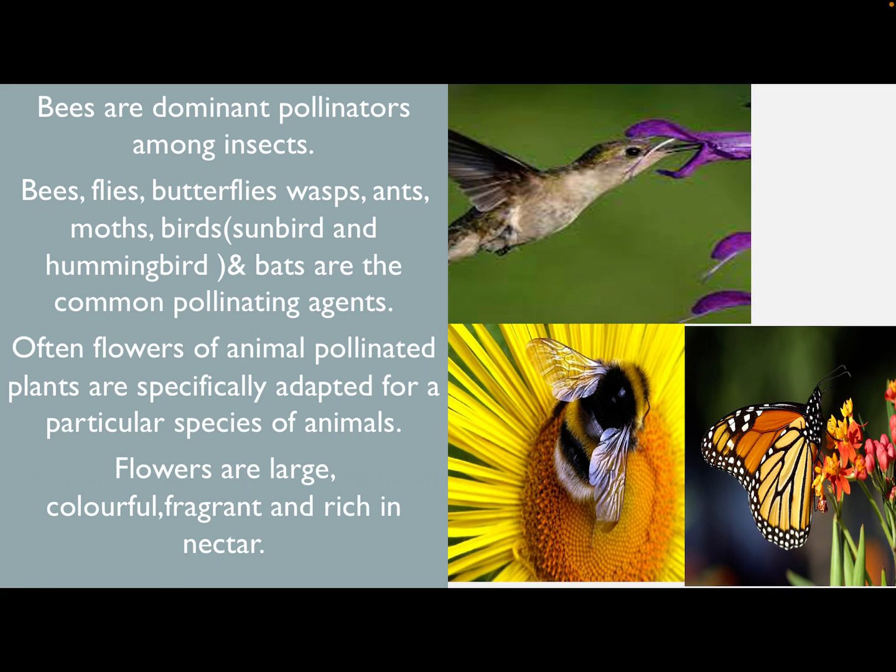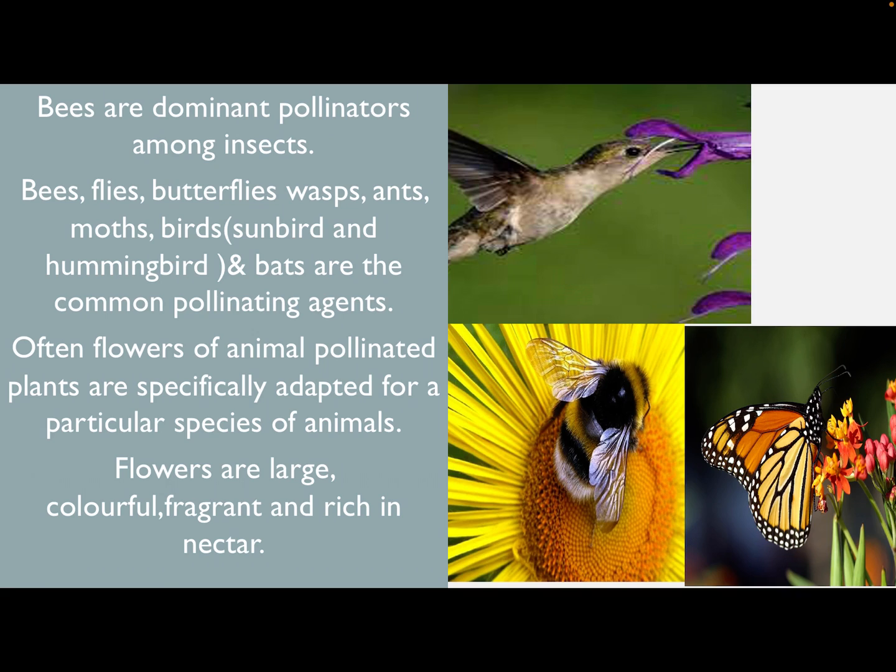Often the flowers of animal pollinated plants are specifically adapted for a particular species of animal. In entomophilic plants, or insect pollinated plants, flowers have different shapes and sizes, and by their shape and size they are adapted for a particular species of insect or bird.